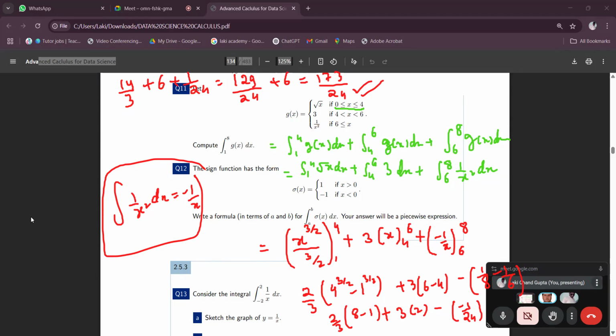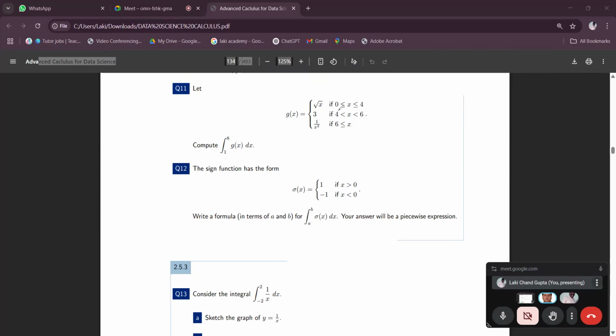So I was wondering why you integrated to 8, but I saw the interval. Yes. Integration of 1 to 8. If you want to draw the sketch of this graph from 0 to 4, this is root x. It looks like this. This is a closed interval.